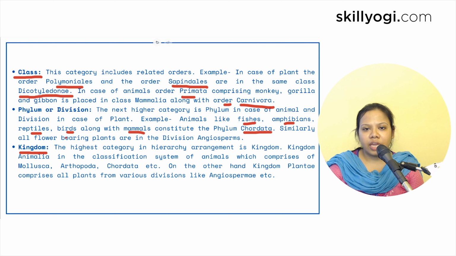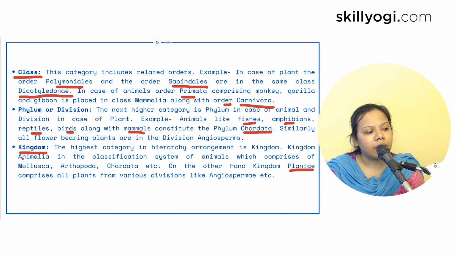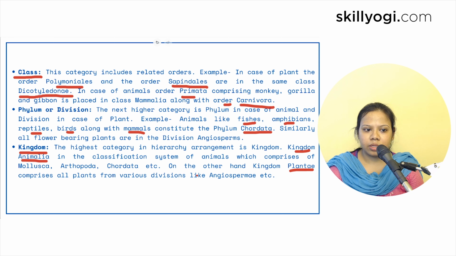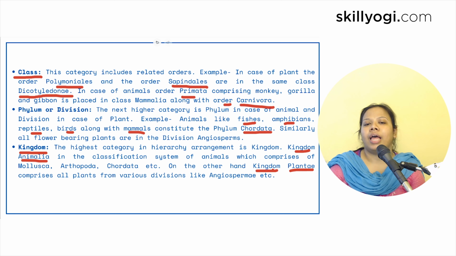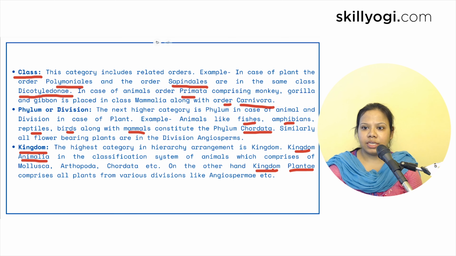Different phyla are present in the kingdom, and two kingdoms are present: one is Plantae and the second one is Animalia. Kingdom Plantae and Kingdom Animalia. The kingdom Animalia comprises all the animals present on the earth, and the kingdom Plantae possesses all the plants present on our earth.